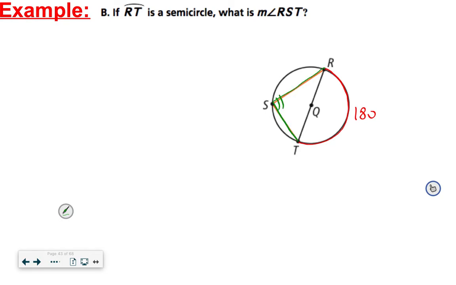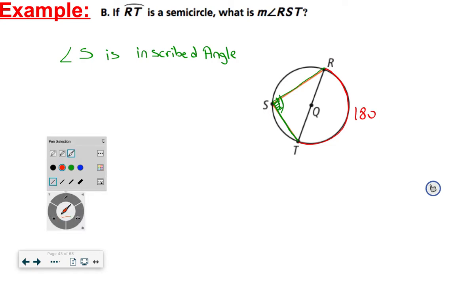Here, this angle S is called an inscribed angle. Why? Because this angle is located on the circle. If this is an inscribed angle, it is half of the intercepted arc. The intercepted arc is this part. Why?